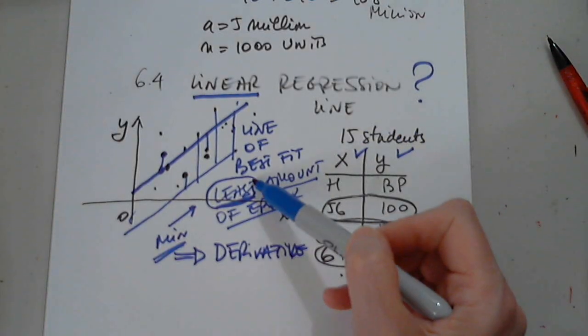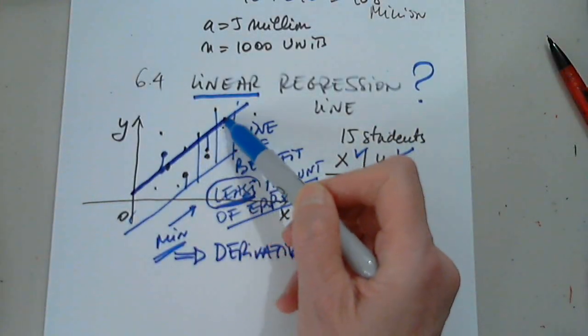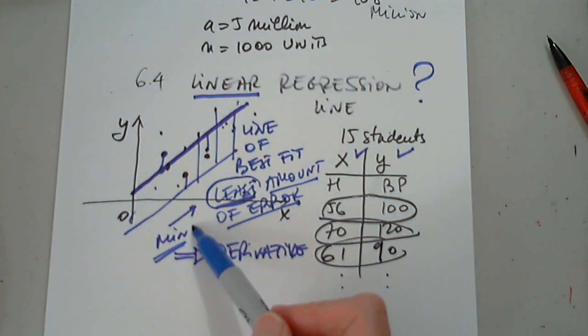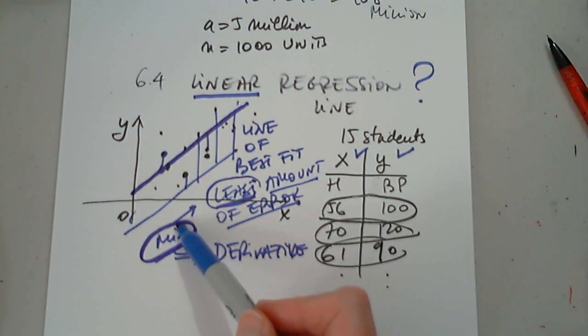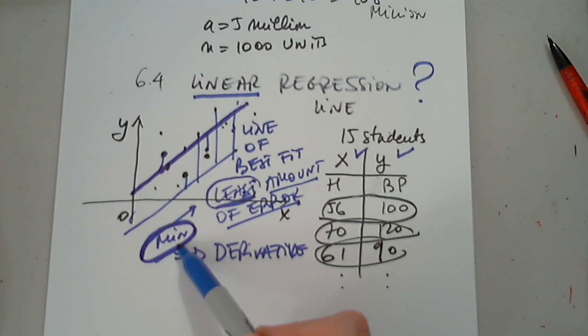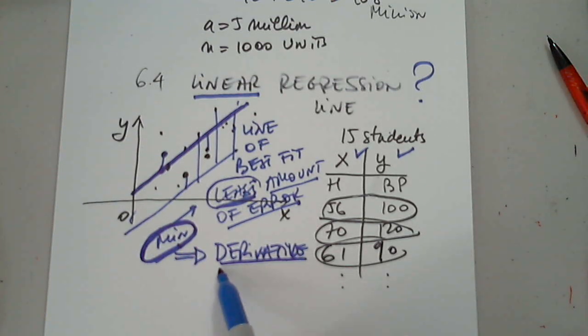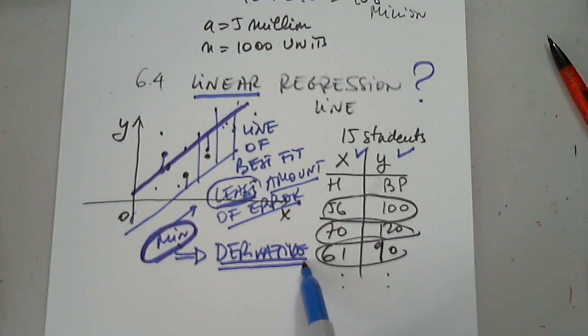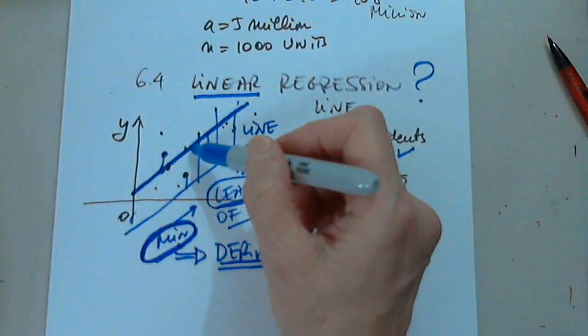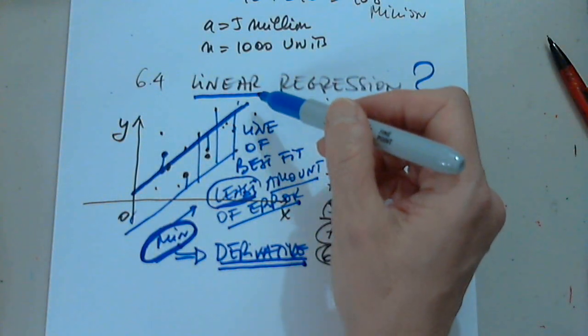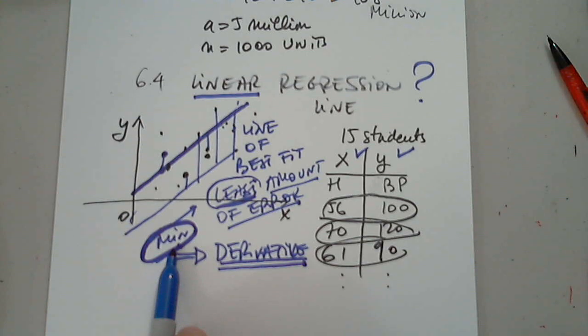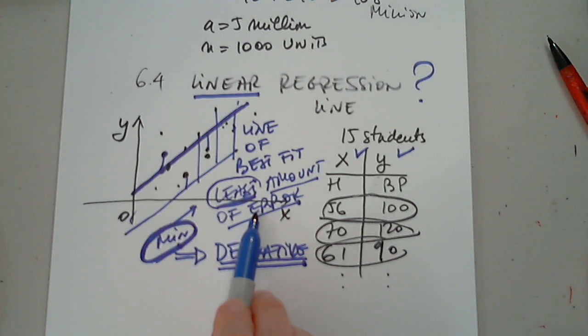So if we want to determine the line that has the least amount of error, immediately our thoughts go to the minimum. And once we talk about minimum, we talk about derivatives. So the way the line is calculated comes from finding the minimum of the error.